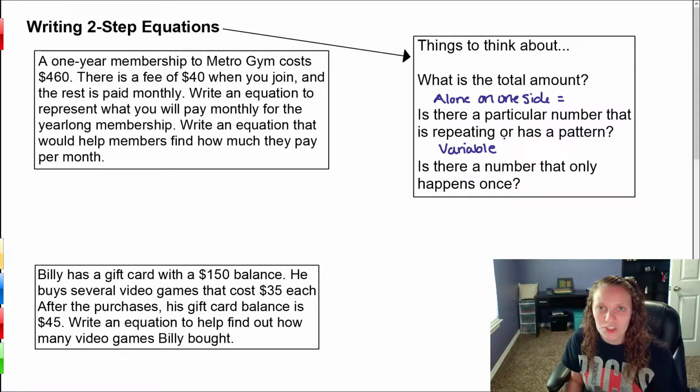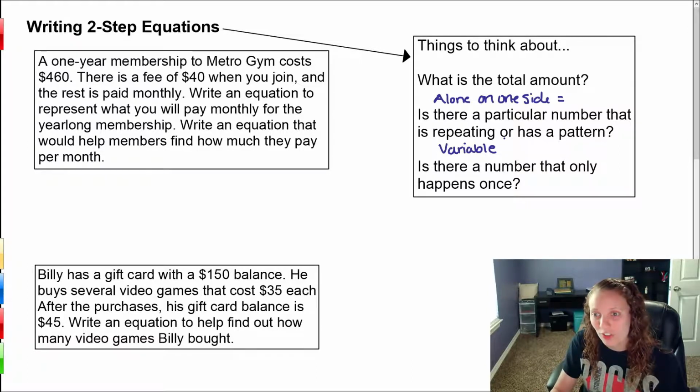A variable is just a letter that represents a number, but in this case we're not going to know what that number is because we're not going to solve our equations yet. And then for the number that only happens once, it's going to be plus or minus some value. We could think of the number that only happens once as maybe the beginning or starting number.